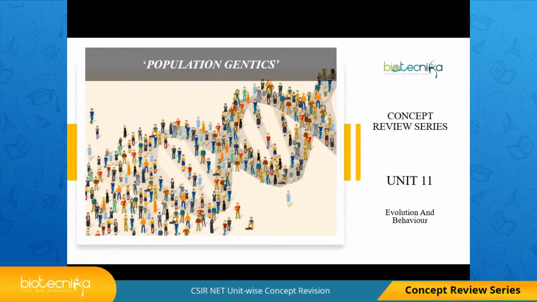A very important topic from your exam point of view, because from the entire chapter you get a lot of questions. So you have to be very thoroughly prepared in order to face these questions. I must say at the start of this discussion itself that in population genetics you don't have many formulas.